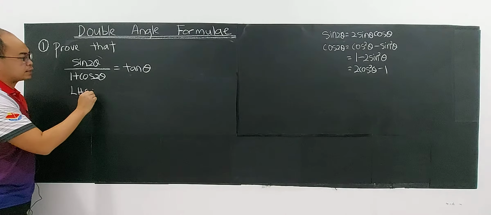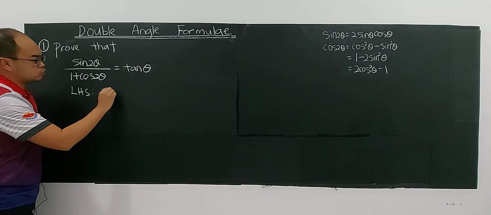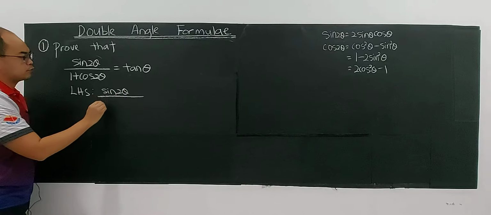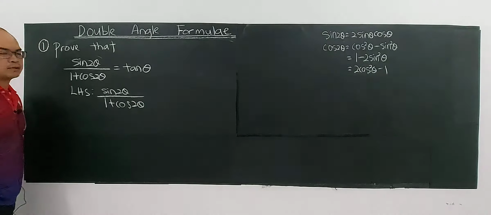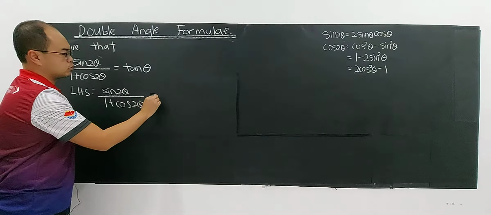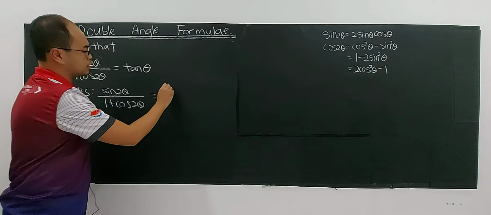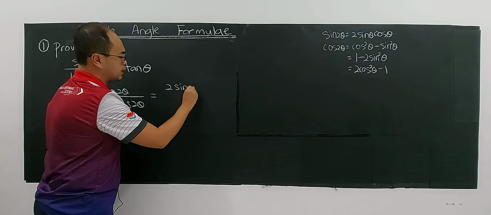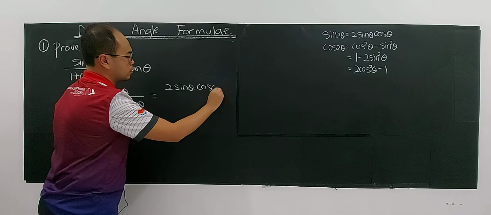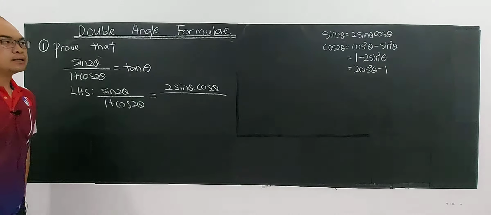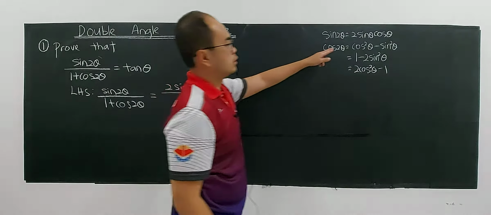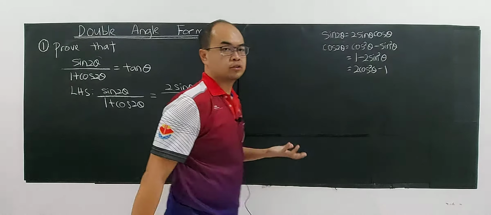So the left hand side is sine 2 theta over 1 plus cos 2 theta. For sine 2 theta, we don't need to think so much because there's only one formula: 2 sine theta cos theta. And for 1 plus cos 2 theta, there are three formulas. Which one to choose?